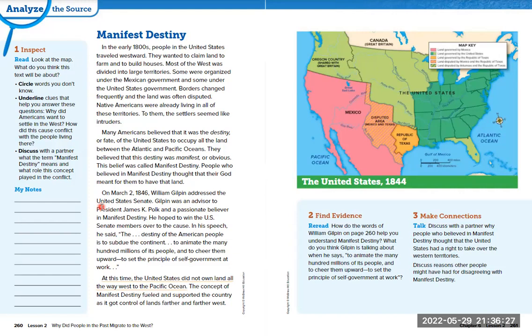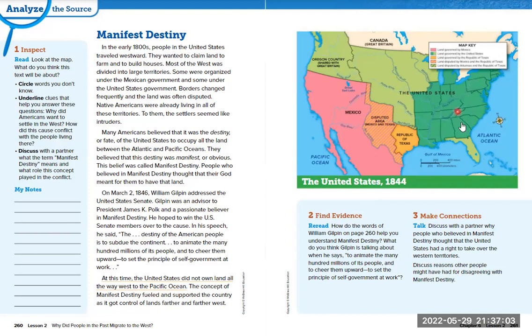So he is trying to tell them that he believes that the American people who are settling into this country, coming from the East Coast, it is their right, it is their property to take control over the whole of the United States and to help them do it using the government. At this time, the United States did not own all the land all the way west to the Pacific Ocean. The concept of manifest destiny fueled and supported the country as it got control of lands farther and farther west.